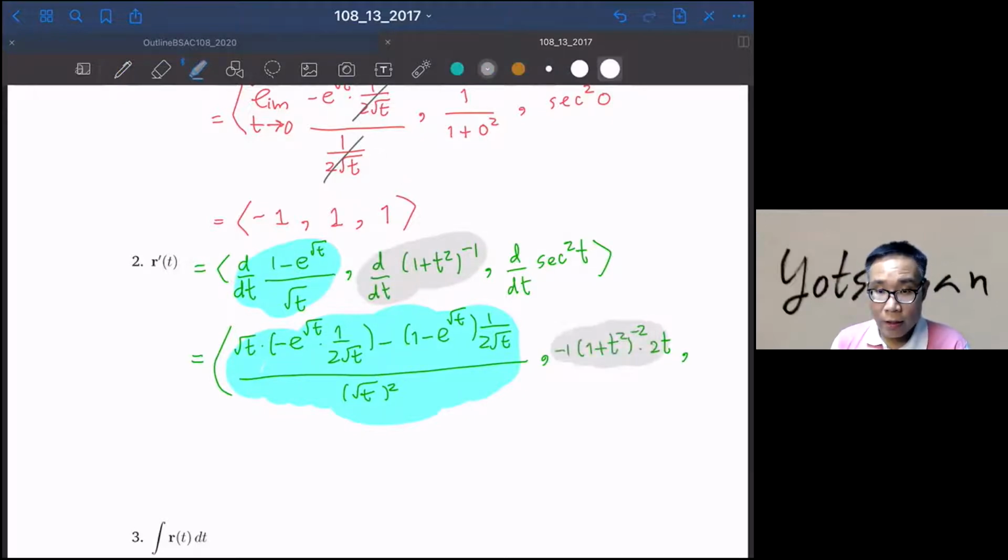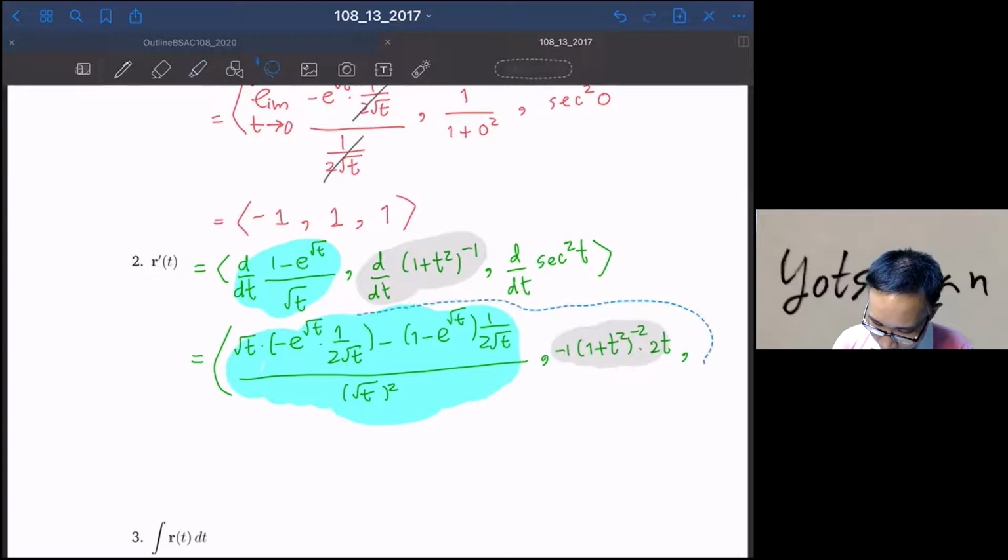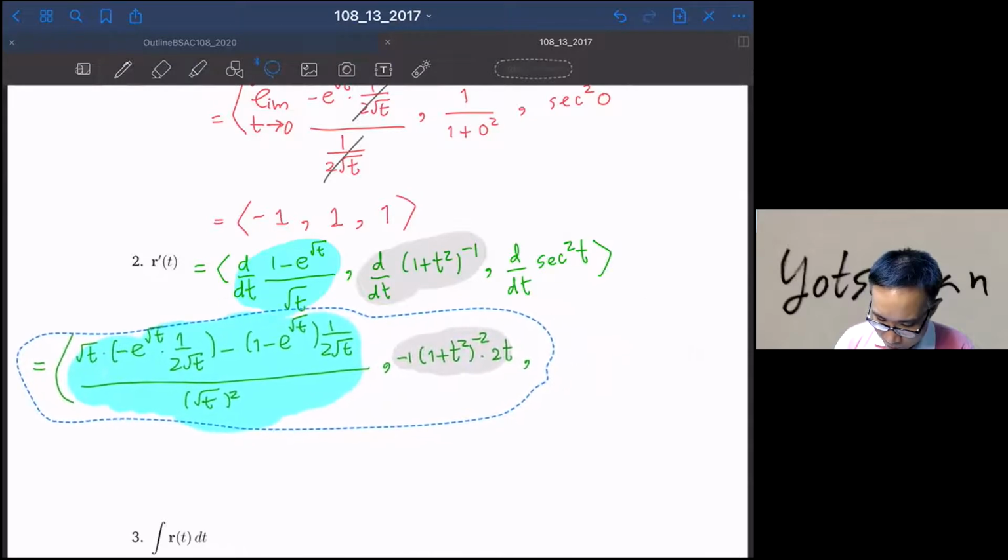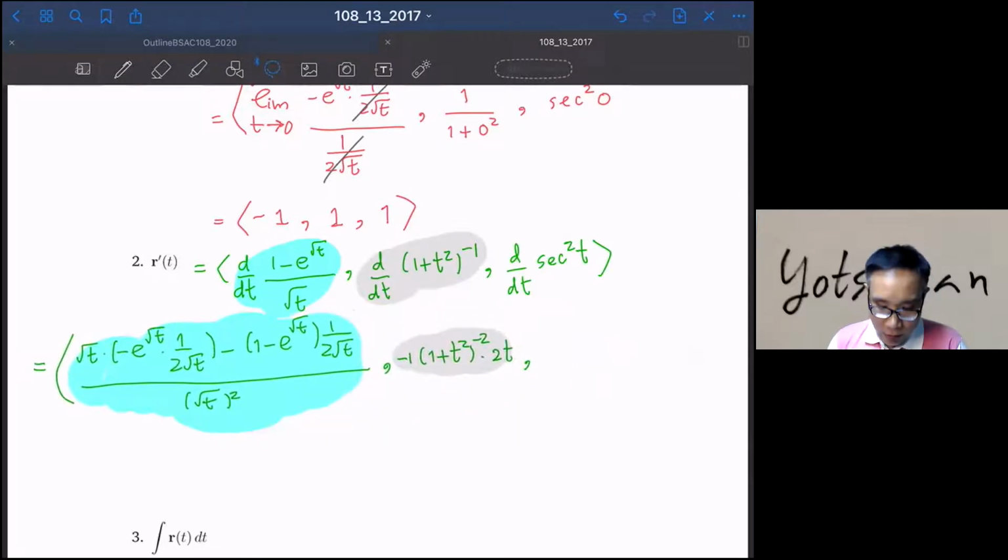Finally, for the third one, the derivative of sec squared is 2 sec t times the derivative of sec, which is sec t tan t.